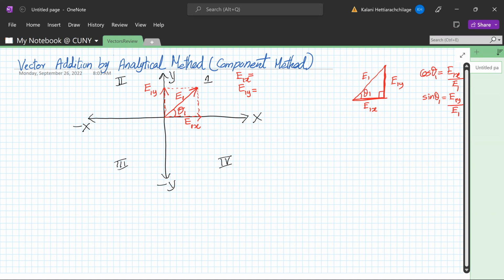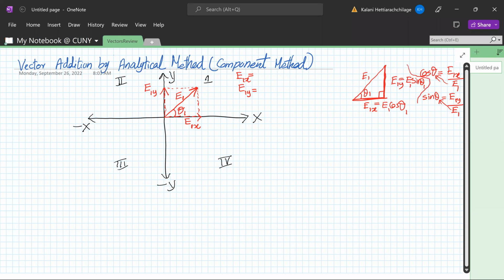After you know this, you don't want to write this all the time when you do vectors. Do the cross multiplication here, then you know that E1x equals the hypotenuse times cosine of theta 1, and E1y equals the hypotenuse times sine of theta 1.